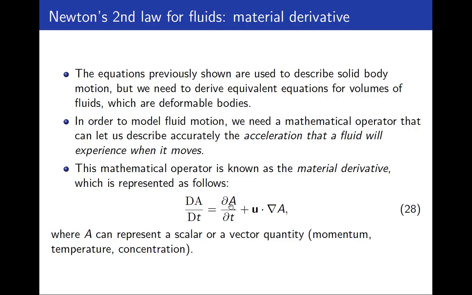Let's say we want to study how the velocity varies in a channel. We fix a point in the channel, let's say the inlet of the channel, and we study how the quantity A, or the momentum, the velocity, will vary at that specific point with respect to time.